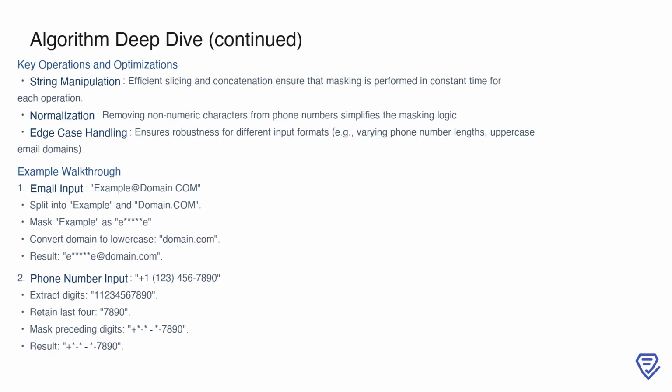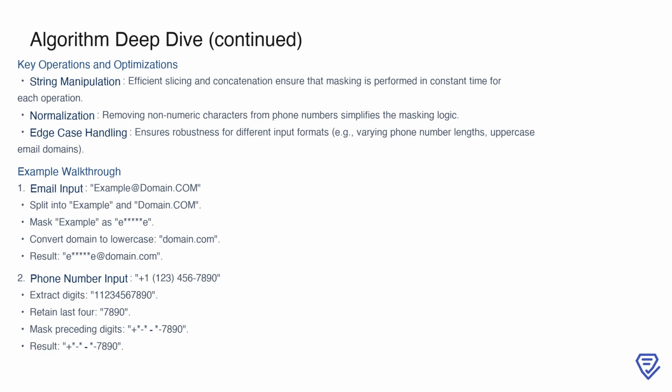The last 4 digits, 7890, are retained, and the preceding digits are masked, producing plus, asterisks, dash, 7890. These examples illustrate how the algorithm combines simplicity and efficiency to achieve accurate and consistent masking across different types of personal information.